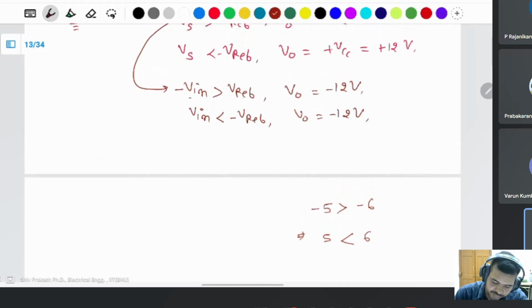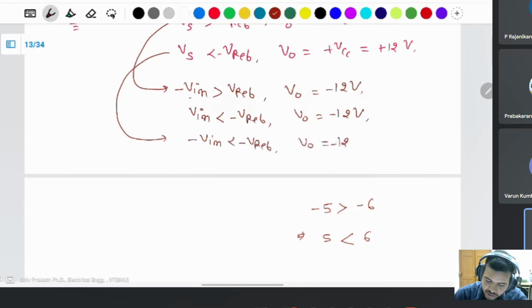Same thing here. Vs is minus of V in. If it is less than the V reference given, then output voltage is 12 volt. Then multiplying by a negative here, V in will be greater than the V reference, then output voltage will be plus 12 volt.